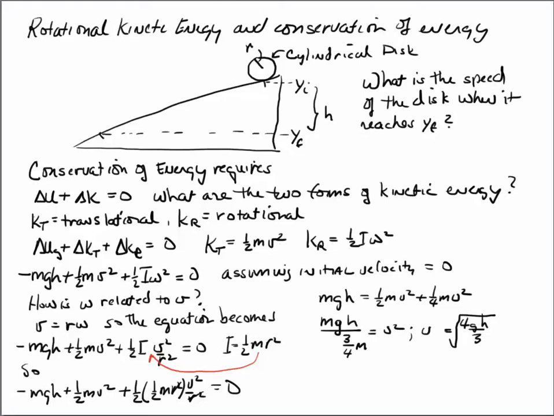Finishing up the problem, we have mgh is equal to 1/2 mv squared plus 1/4 mv squared, and you get the final answer that v is equal to the square root of 4gh over 3.